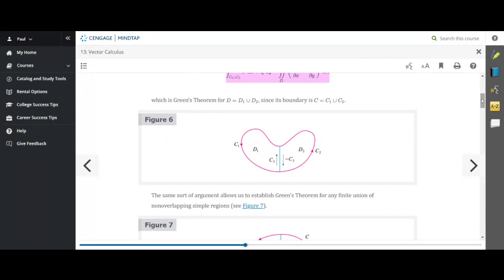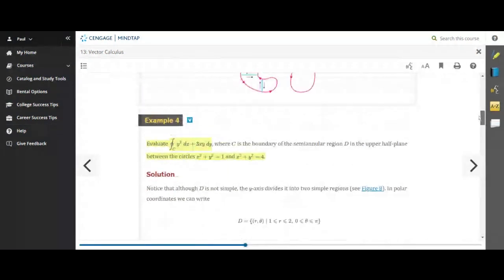And so when we come across this example 4 here, where we want to compute the sum of these line integrals, which is really the work that the force field with components y squared and 3xy does in moving the particle along the path defined by that region D. And what does that path look like?